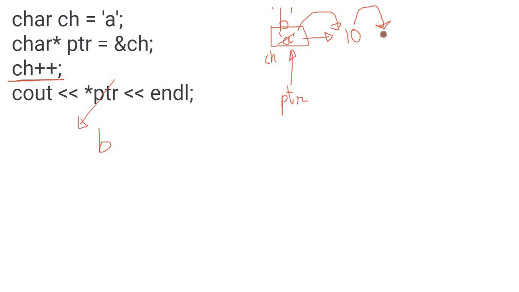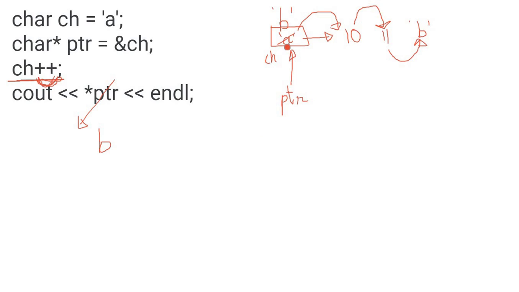That ASCII value gets incremented by 1, because we have performed the increment operation on the character CH, and this ASCII value gets converted back into the character. So we get the character B as the output.